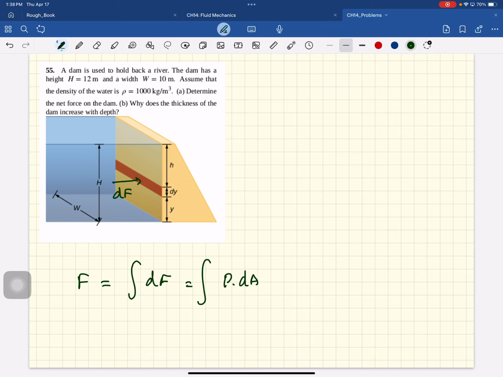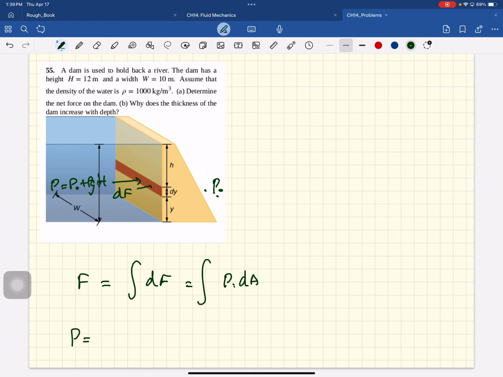What is the pressure? Now see, the pressure at this depth is P naught plus rho g h. But there's atmospheric pressure on the other side as well. So really the pressure you have to account for is just the gauge pressure, this pressure minus that pressure.